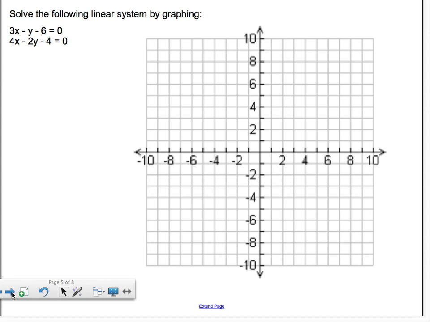So you want to solve the following linear system by graphing. So really this comes down to the exercise: can you graph 2 lines on the same grid?